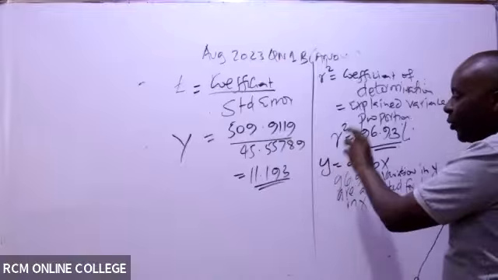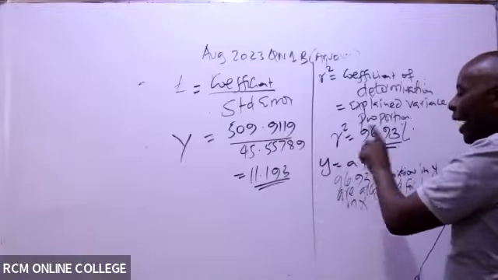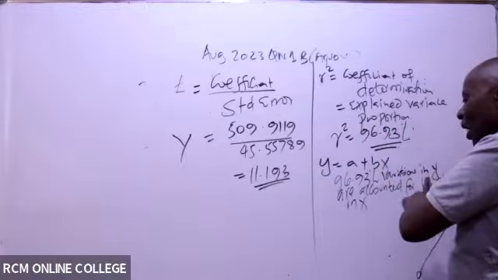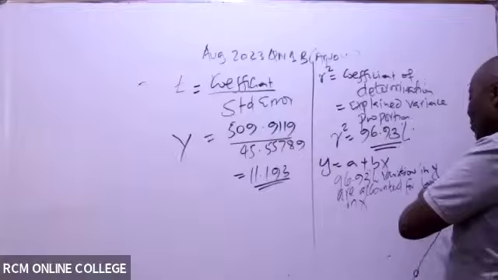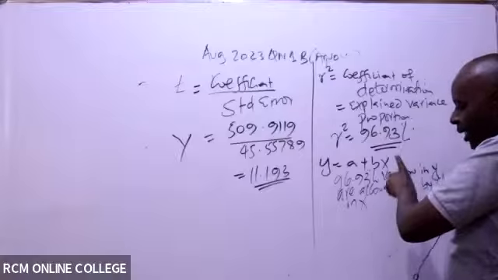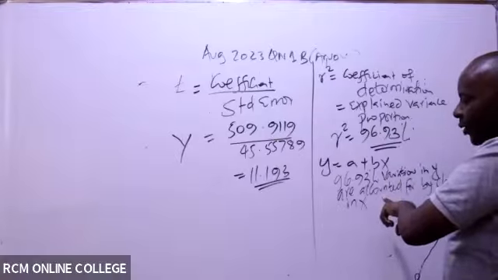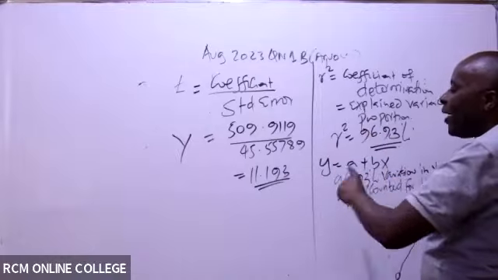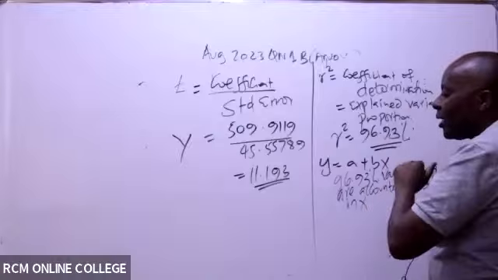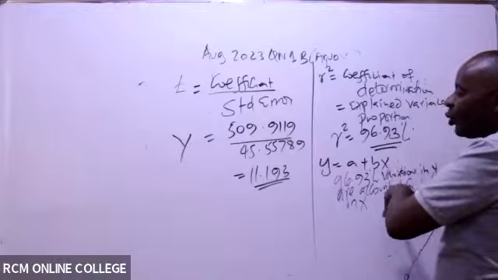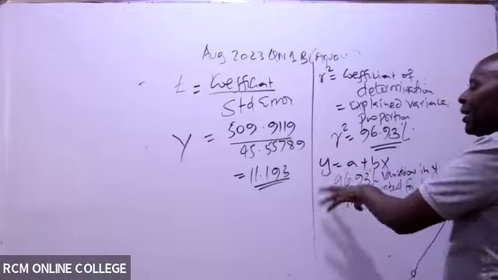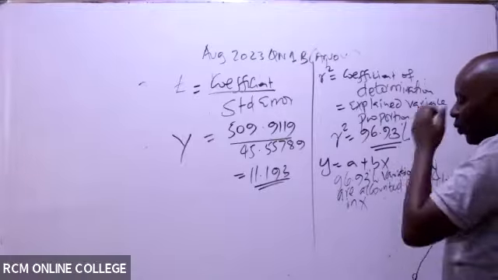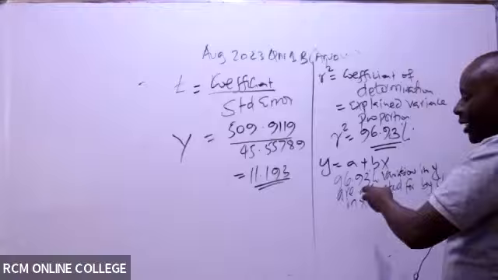96.93% change in y is accounted for by changes in x. So it means that there must be another, however insignificant, factor which is also able to influence y, which somebody has rightly said is 3.1%.